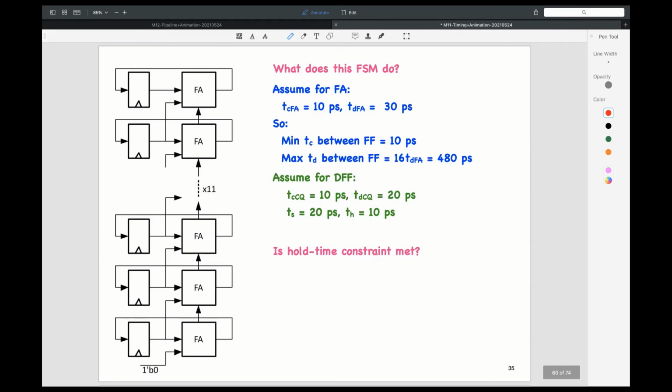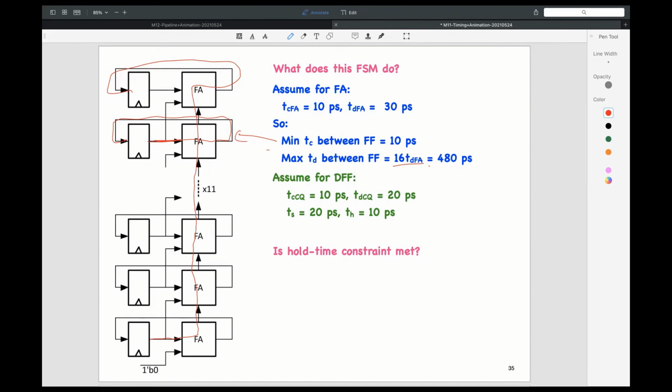Okay. Now, assume for this full adder has a contamination time of 10 and propagation delay of 30 picosecond. So minimum TC, minimum contamination delay between flip-flops is 10 picosecond, right? Because I could go like this, flip-flop go like this, right? So that could be 10. And the maximum between flip-flops can go through all of these things, right? So it can start out here, go like this, go like this, come like that, right?